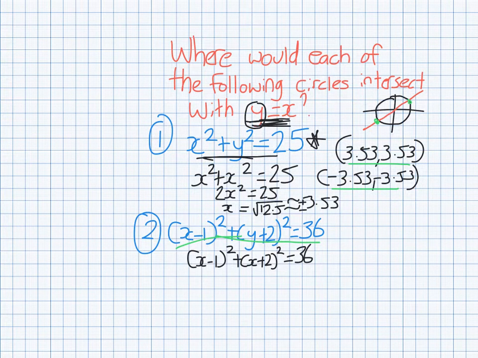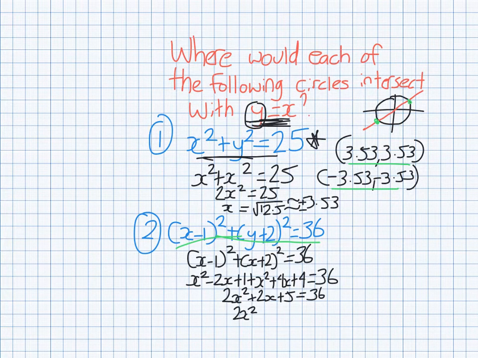What we're going to do is expand each bracket. So hopefully you're really good at binomial expansions at the moment. And then what we're going to have to do is collect like terms. And hopefully you know from here the way to solve it is to get one side equal to 0 and solve the quadratic. So we get 2x squared plus 2x, 5 minus 36 gives you minus 31.